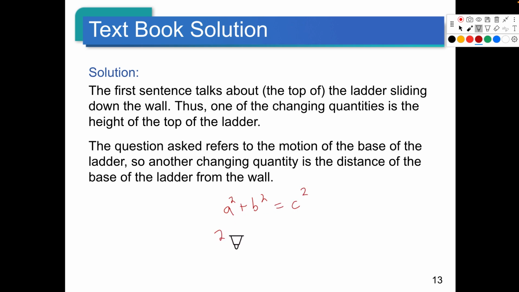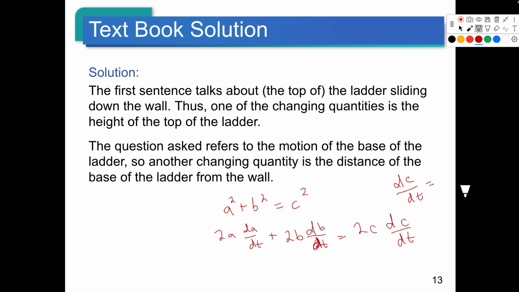We would get 2a dA/dt plus 2b dB/dt, and then we would have said, oh, c is going to be 2c dC/dt. This is a place we'd have to ask, how is c, which is the length of the ladder, going to change over time? What is dC/dt?